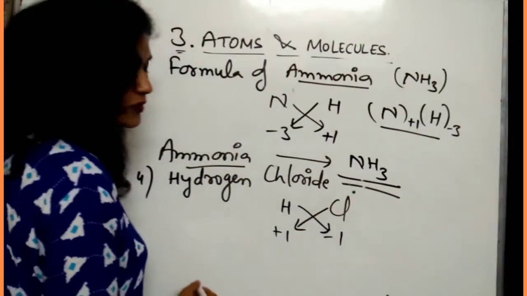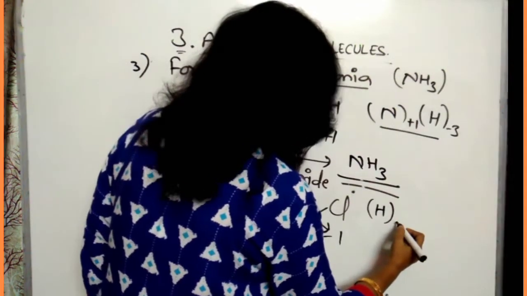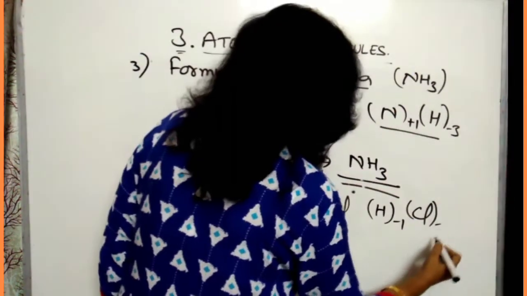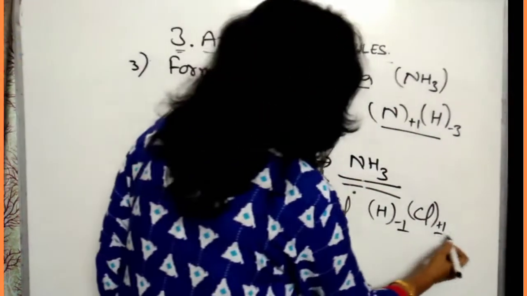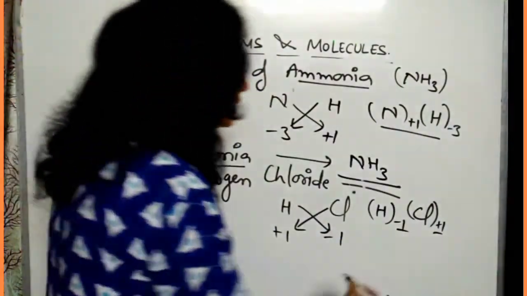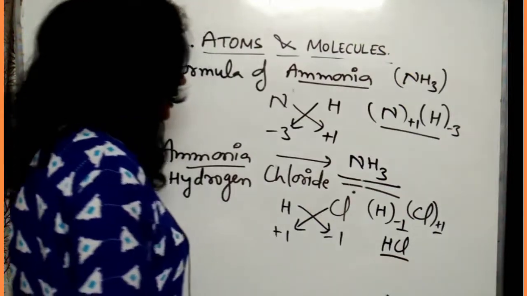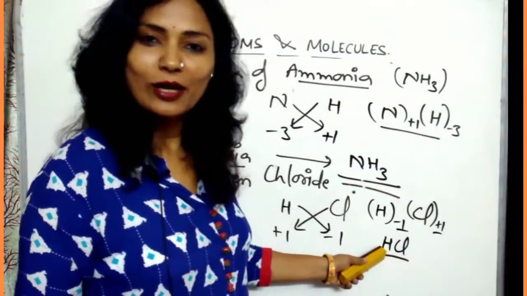What will we do? Cross over the valency. You will cross it and write the valency after the bracket. Now ignore the 1 if 1 is there, open the bracket and write HCl. So HCl is the formula of hydrogen chloride.